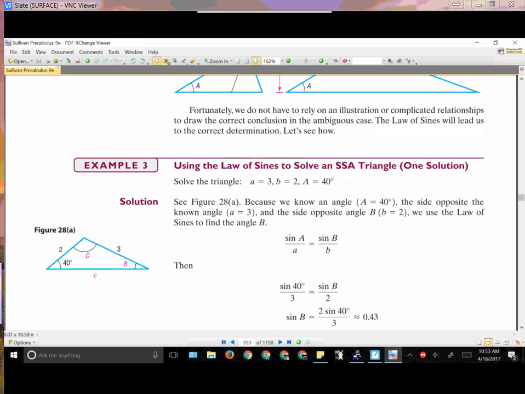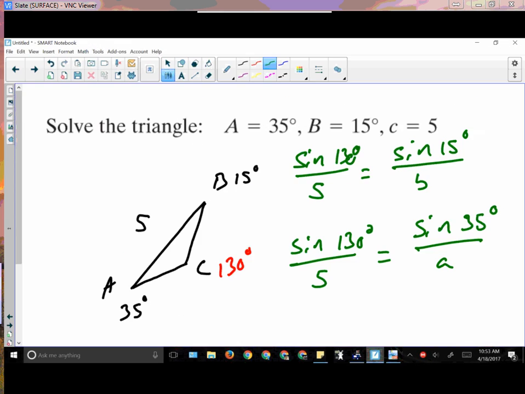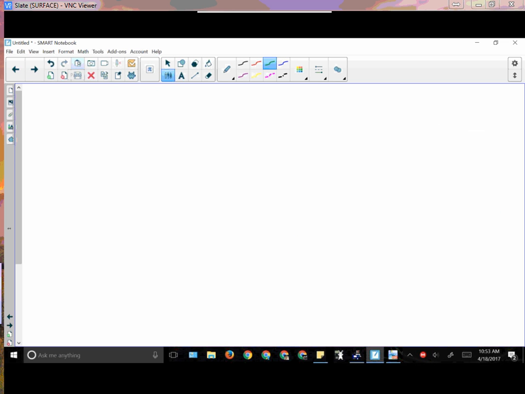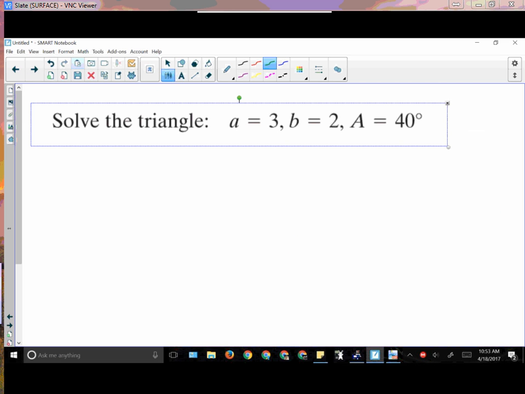Let's take a look at what we got. When we're creating our triangles, we need to make sure that we're a little bit more open about these things and identify what's going on. So I've got an angle here that's 40 degrees. This angle is going to be called A, and that's approximately 40 degrees.